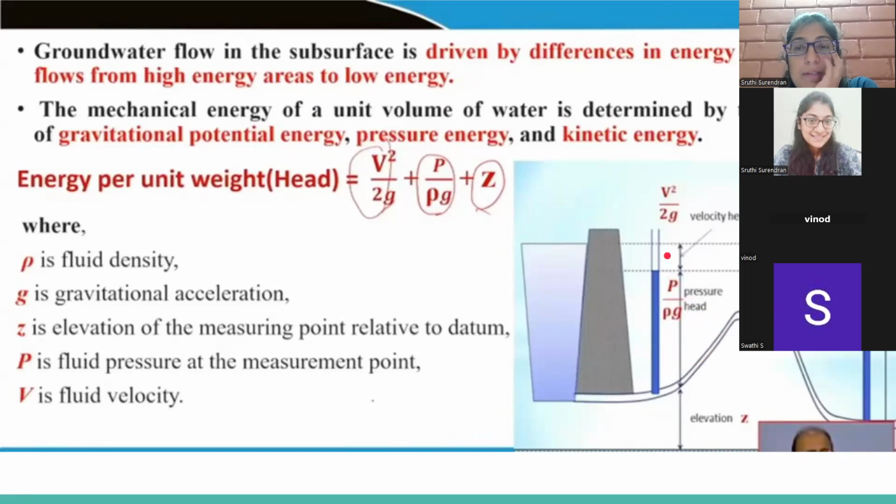And this part is representative of the energy that is possessed by water because of the velocity of flow of water wherever water is. So say this barrier breaks, water is going to flow with an energy corresponding to the sum of all these three values.